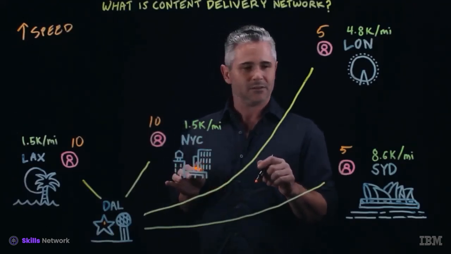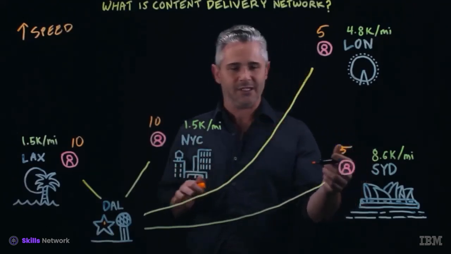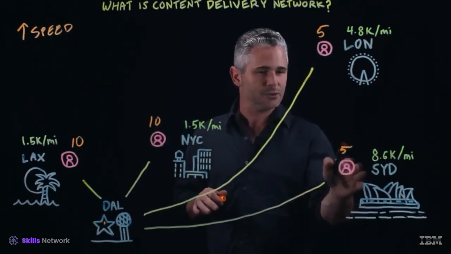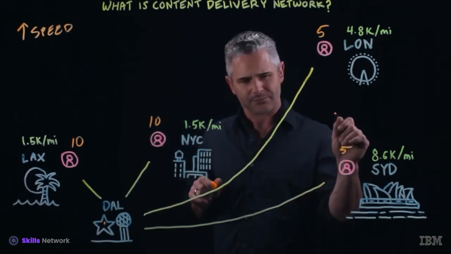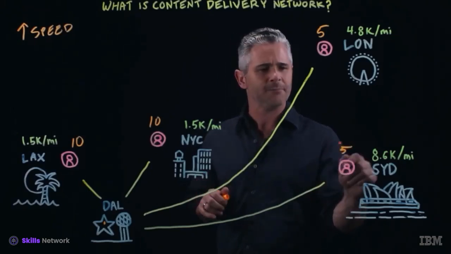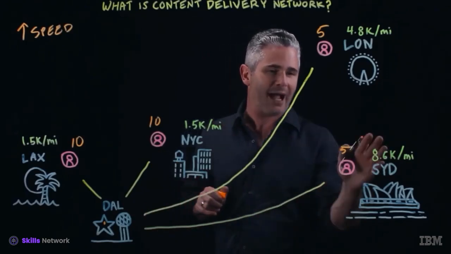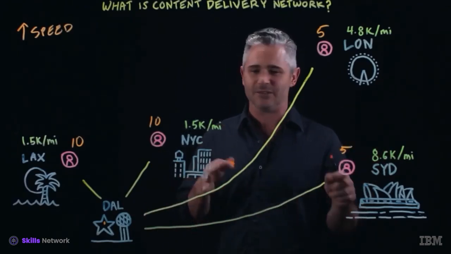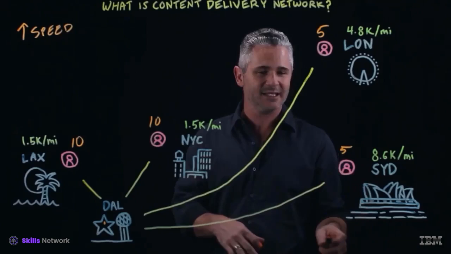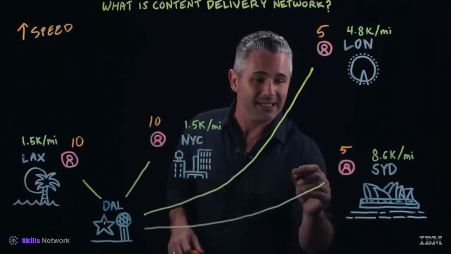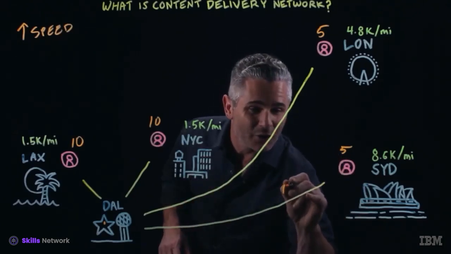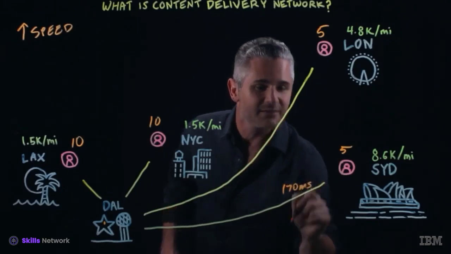So let's follow a set of these users in their journey. Let's look at the users down in Sydney. They make a request to the website. They've got an 8,600-mile hike to Dallas and then an 8,600-mile hike back. The amount of time that takes is usually measured in milliseconds, and just that round trip might be about 170 milliseconds.